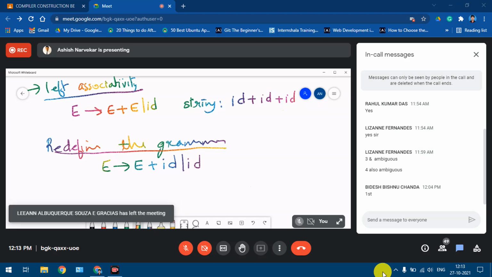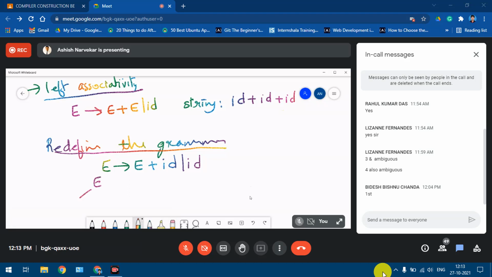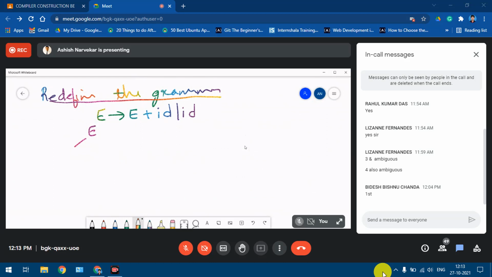Now let's try to draw the parse tree. So E derives E plus ID. Now this E can be expanded as E plus ID, and this will be ID. So this is what we get over here.